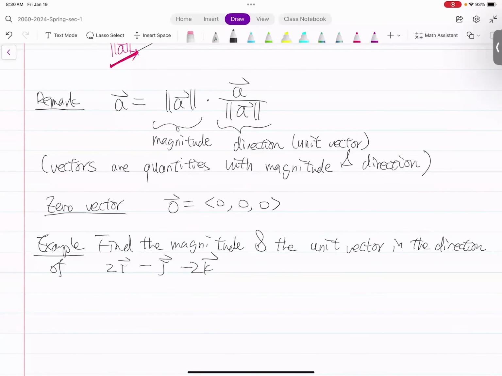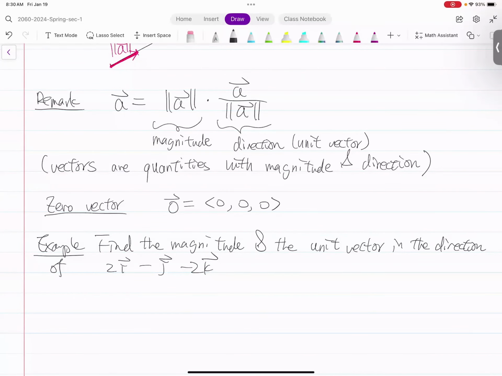Okay. So basically we first calculate the magnitude and then we do the component-wise division, right? So we have the magnitude of this vector 2i minus j minus 2k. We just take the square root of all the components squared and added up. The first component is 2 squared.